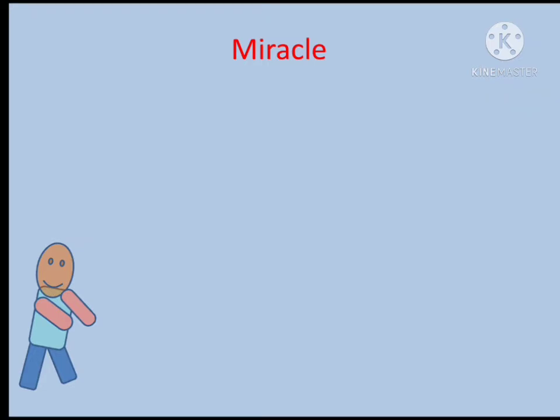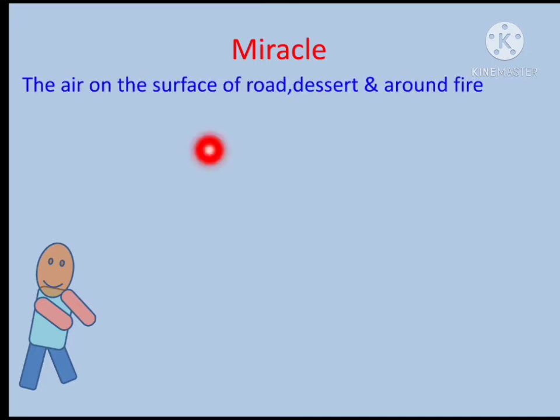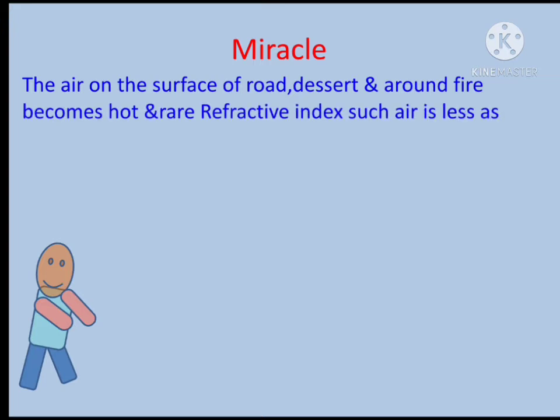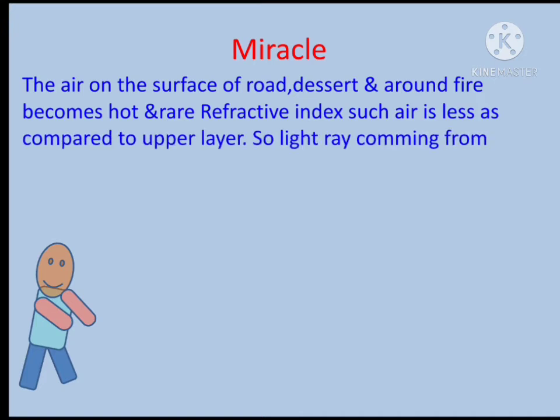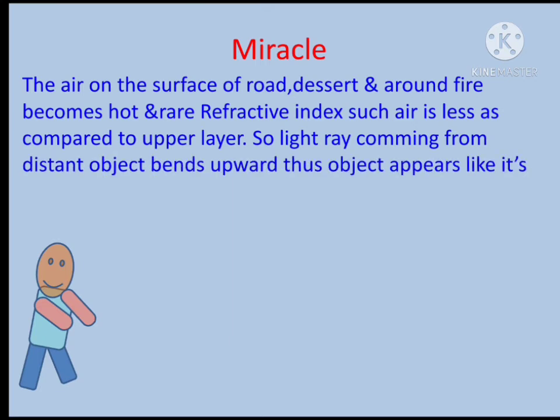Then another effect of atmospheric refraction, that is mirage. The air on the surface of a road, desert and around fire becomes hot and rarer. The refractive index of such air is less as compared to the surrounding air. So a light ray coming from a distant object bends upward, and the object appears like its inverted image. This is called a mirage.